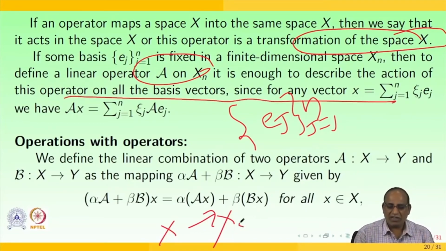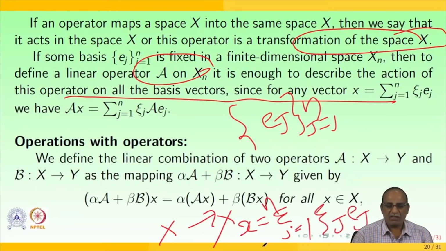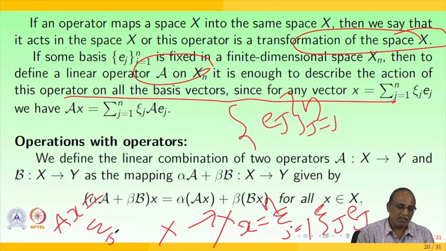Because x is equal to the summation j equal to 1 to n of psi_j e_j, we will have A of x equivalent to the summation j equal to 1 to n of psi_j A e_j.